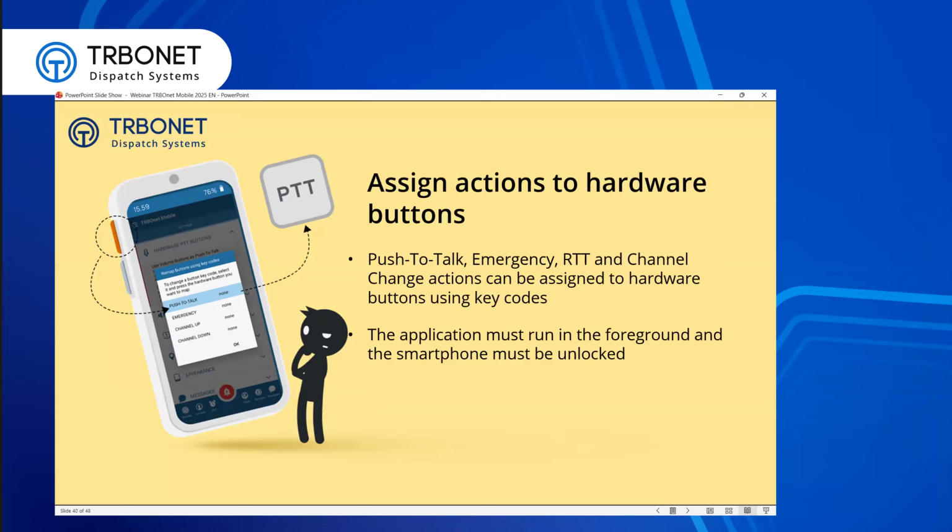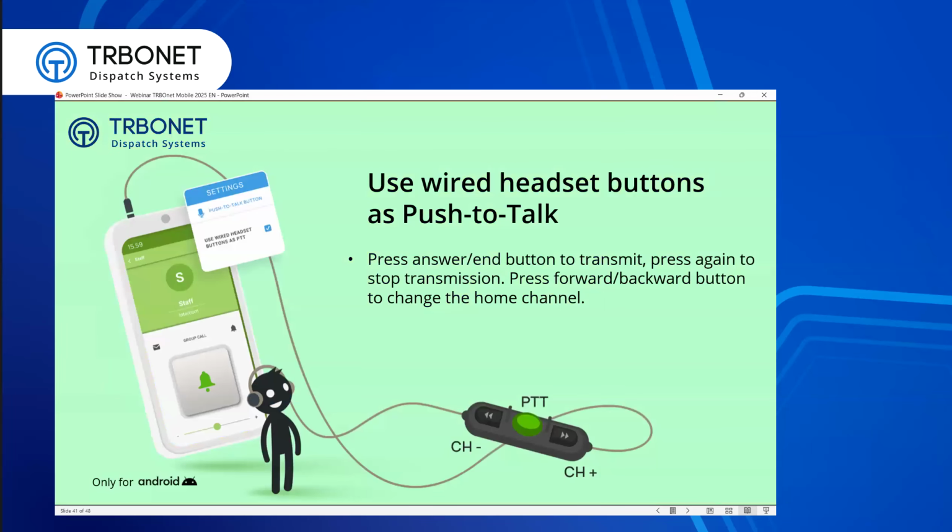When we have the support of the device with the hardware button, you can at any moment press PTT and start talking. If we are talking about assigned buttons, it only works when your screen is unlocked. So you need to unlock your device if it has a lock/unlock feature, and then you press PTT or emergency and it will work.